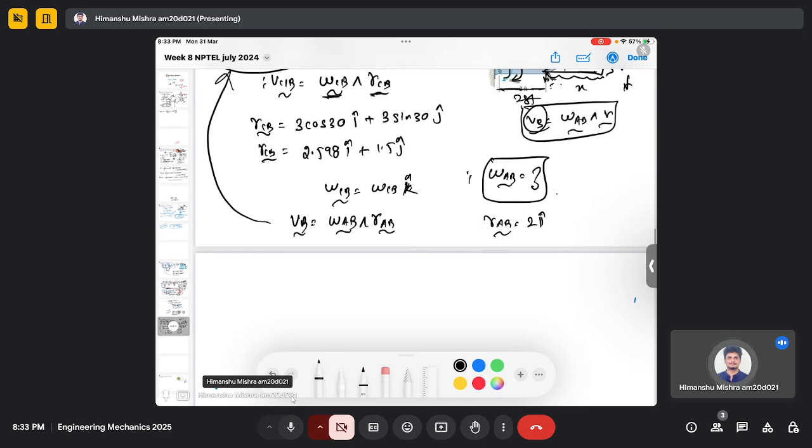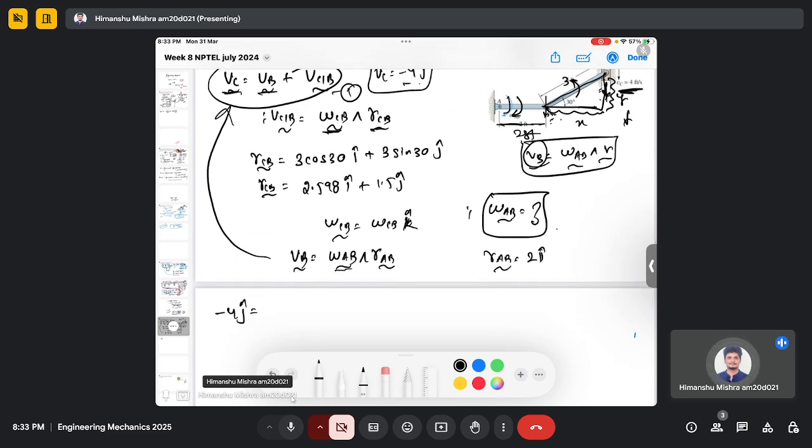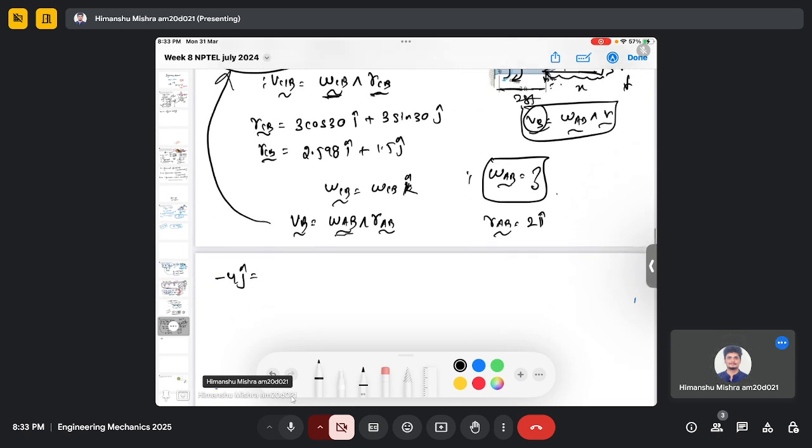VC is minus 4j, and VB is omega AB cross RAB, where RAB is 2i. This omega AB should also be in the k direction, so it is omega AB k cross 2i.